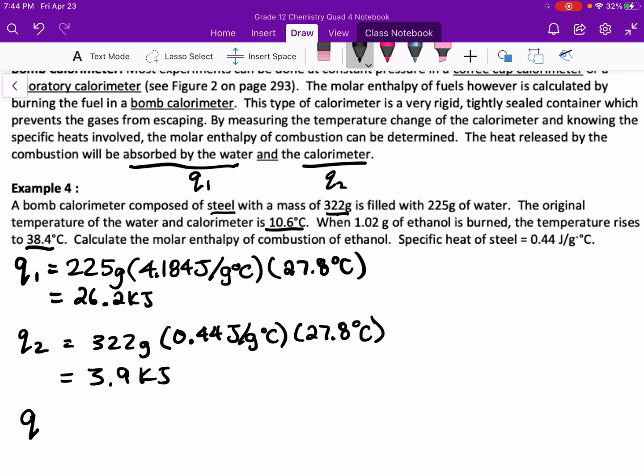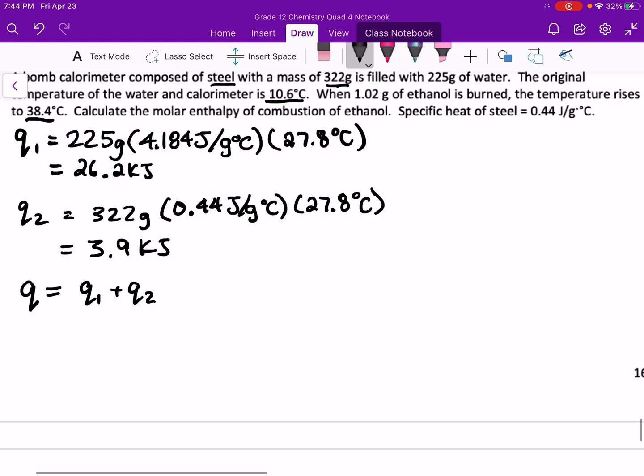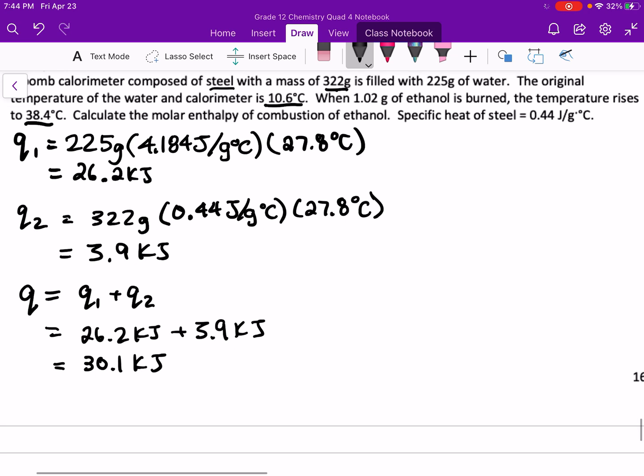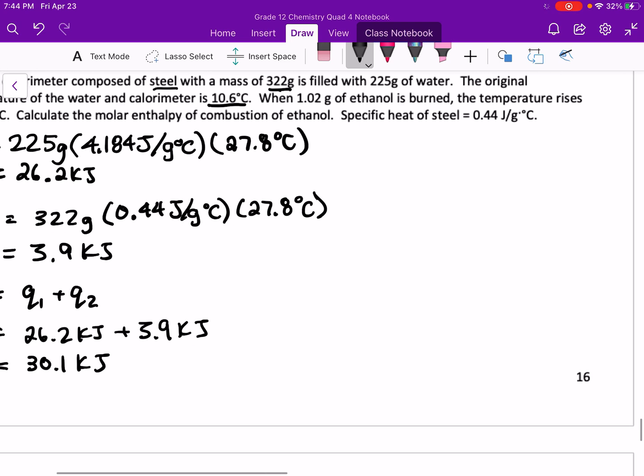To find our total Q, we need to add them together. 26.2 kilojoules plus 3.9 kilojoules gives us 30.1 kilojoules. Now, we need to determine the moles of ethanol.